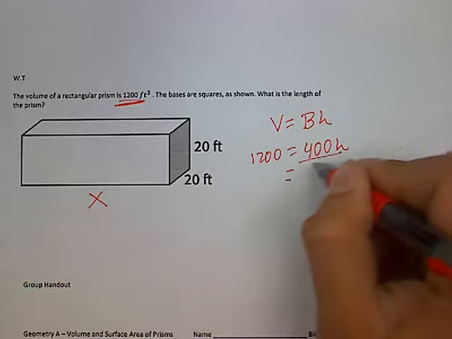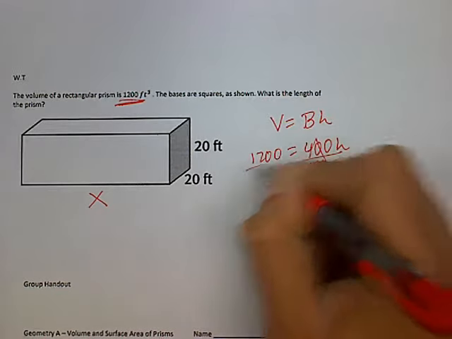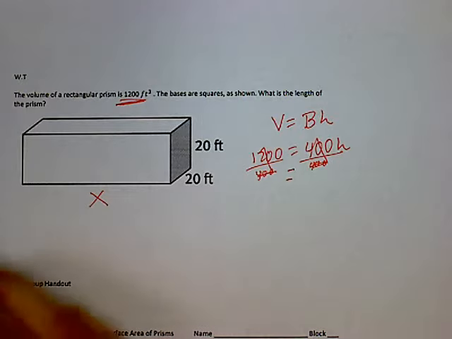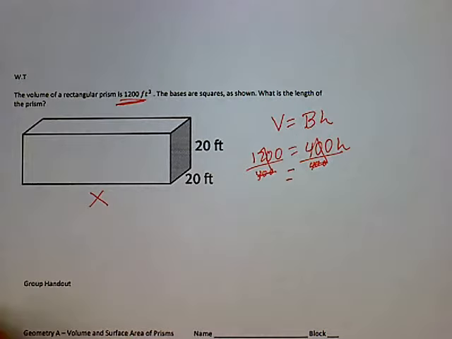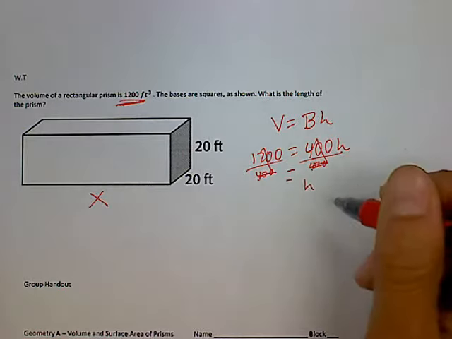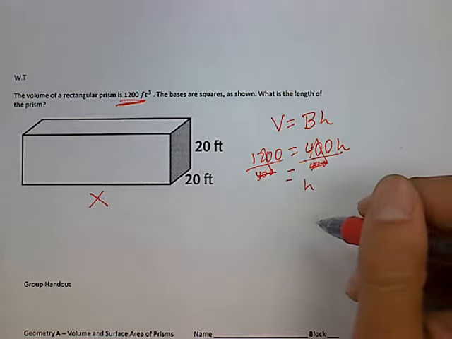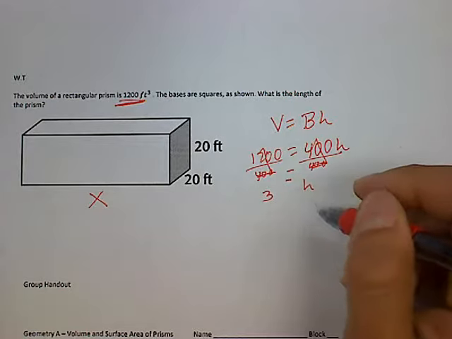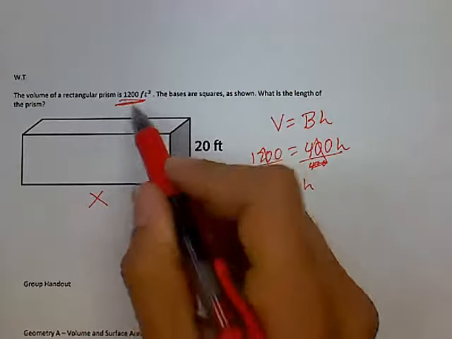Then we just divide by 400. So 1200 divided by 400, that gives you 3. Let's see, 1200.